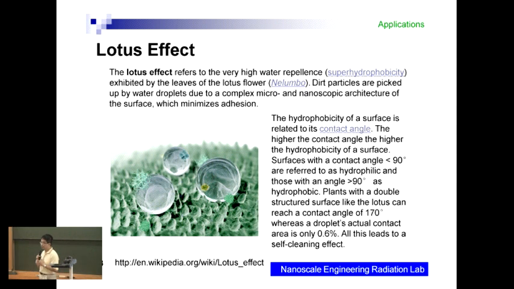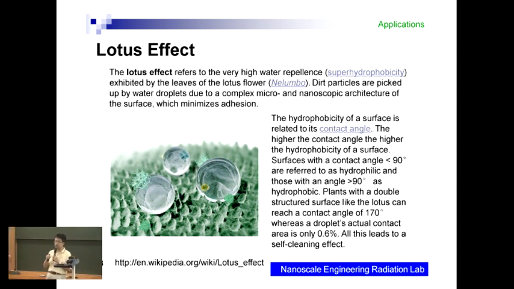The Lotus effect. So not only color can be manipulated by those tiny structures, the nanostructures. The Lotus effect is another well-known effect brought by those tiny structures. The lotus leaf has nanostructures on top. Those nanostructures actually have two types.